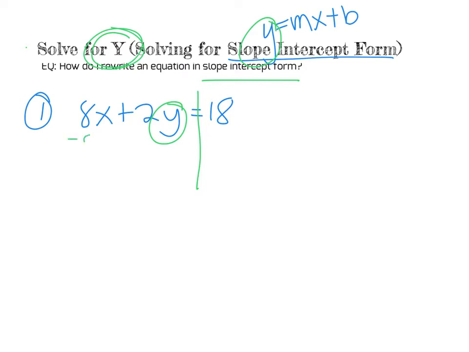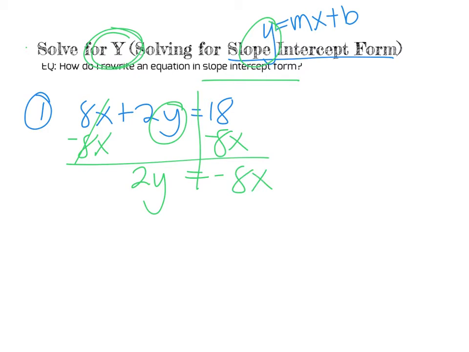So we're going to subtract 8x from both sides. This cancels out to 0, so I'm left with 2y is equal to negative 8x. I'm going to write the negative 8x first because I want to maintain the form mx plus b, so I want to write my x terms first, plus 18.